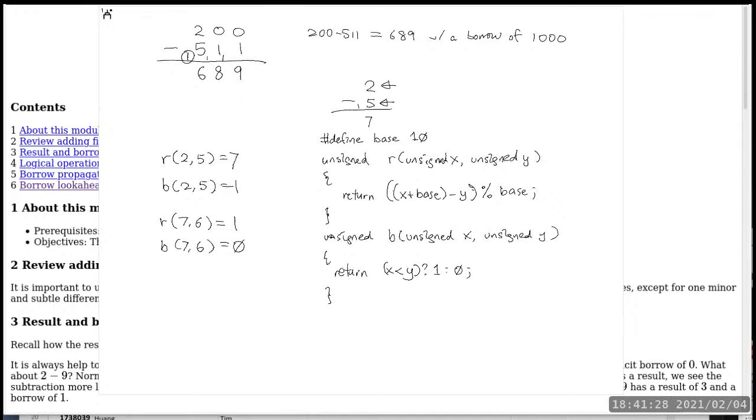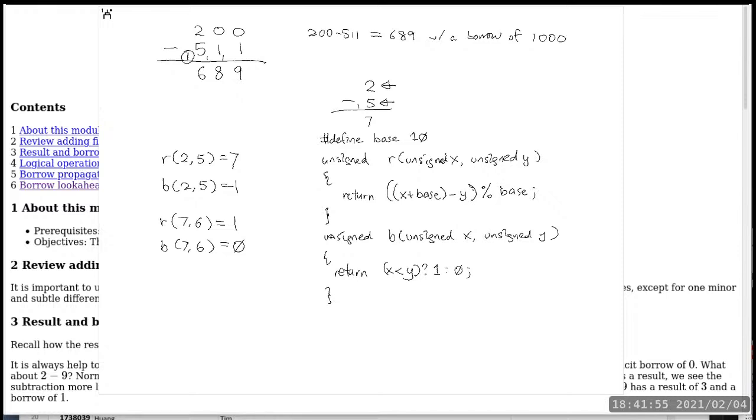And then we have, if 200 minus 511 has a borrow of 1000, then 2 minus 5 is going to have a borrow of 10. Yes, so the idea is the B function is only going to return the number of how much we are borrowing from the more significant digit.